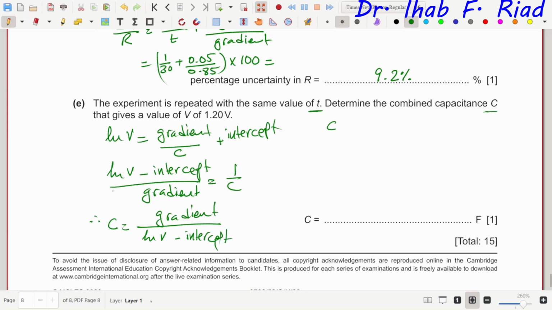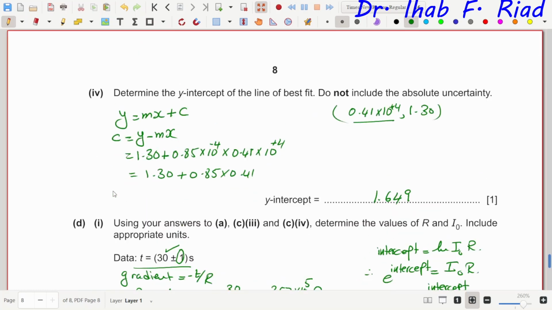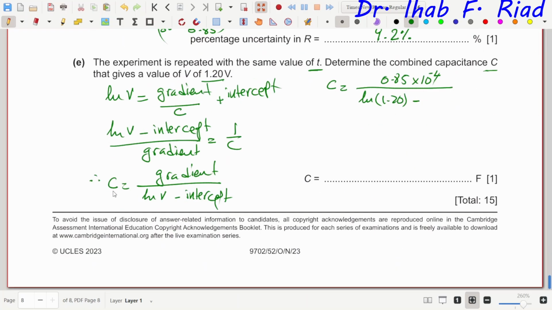Let us substitute for that. The gradient is 0.85 times 10 to the power minus 4. Ln V, we are given V is 1.20, minus the intercept. What is the intercept? 1.649.